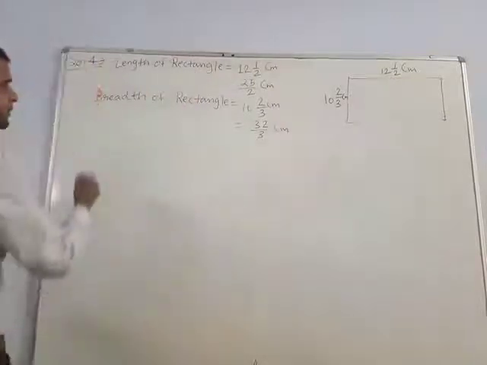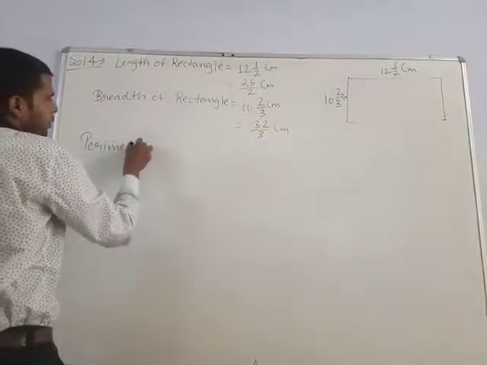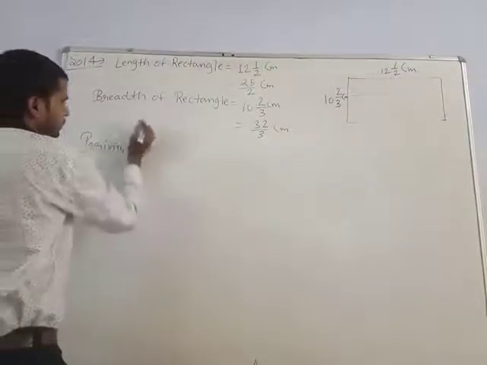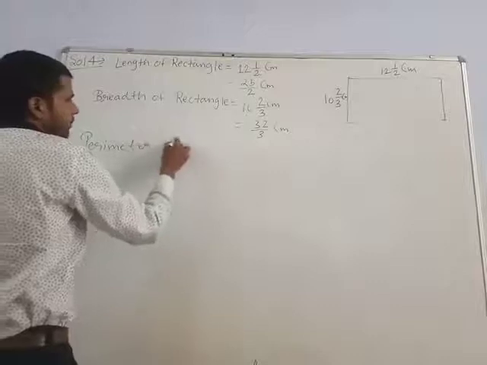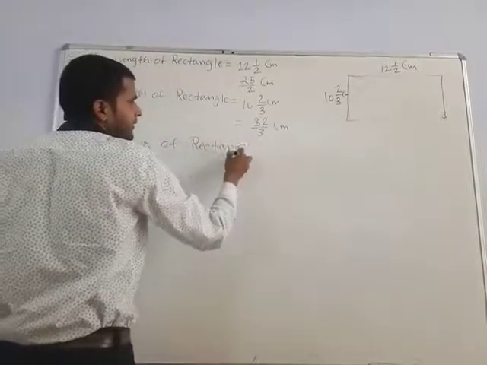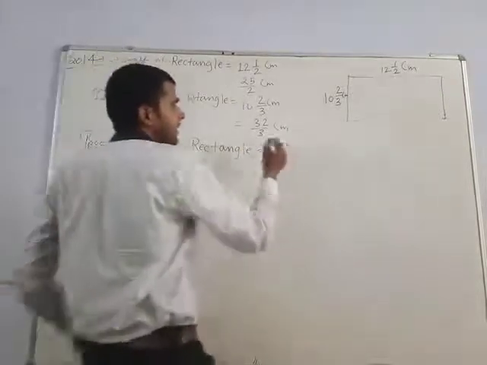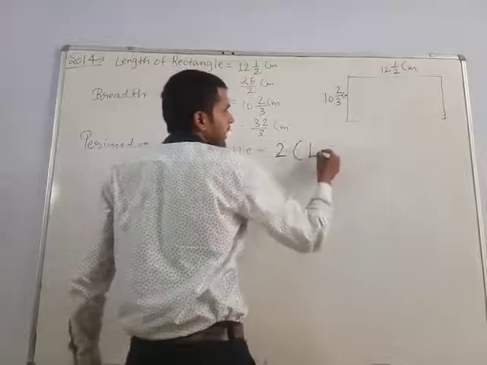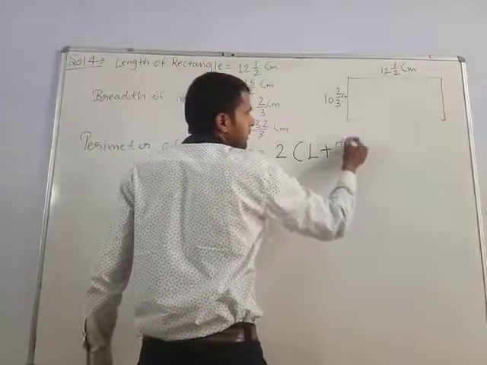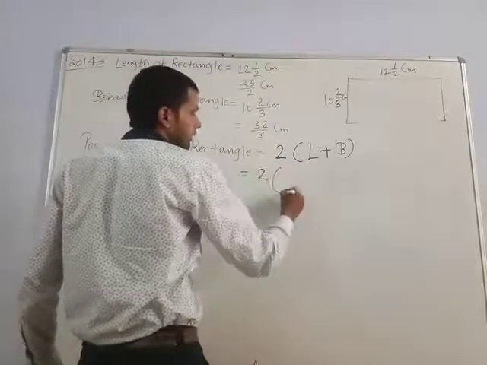So you have to find the perimeter. Perimeter of a rectangle is 2 times length plus breadth. Okay, so 2, what is the length?